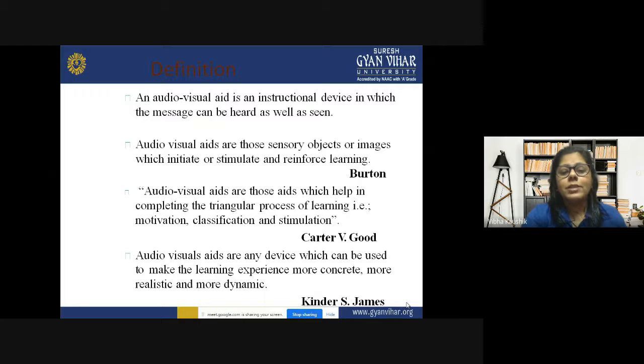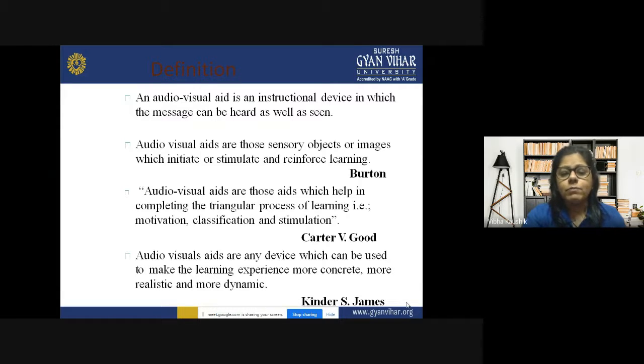Carter V. Good has defined audiovisual aids as those particular types of aids which help in completing the triangular process of learning, that is motivation, classification, and stimulation. The students will be motivated to learn, and classification can be easily made.